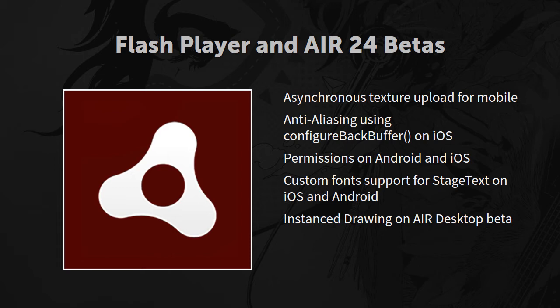So I rely on other people who know a lot more about it than I do. You've got anti-aliasing using configure back buffer, permissions settings, and custom fonts for stage text. That's pretty cool. That's a long time coming, probably about 5 years or so. And then you've got instance drawing on Air Desktop Beta, which I understand is a big deal as well.